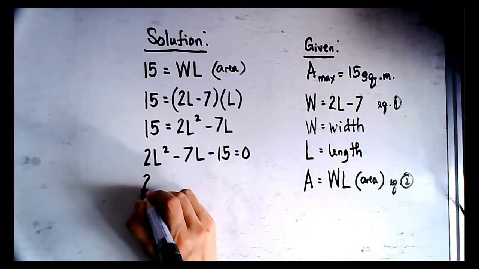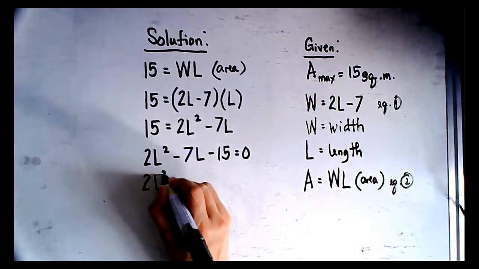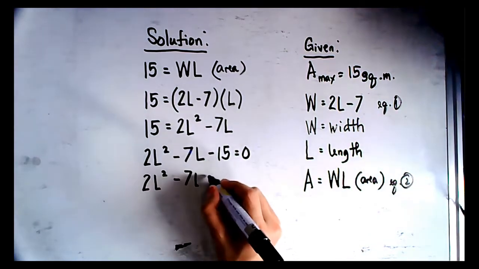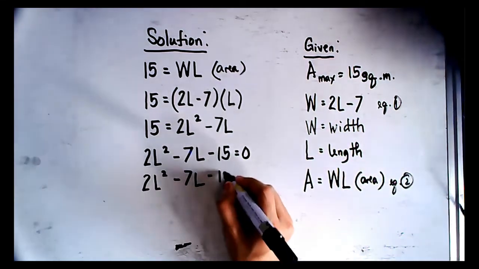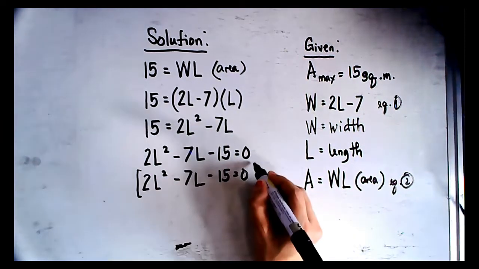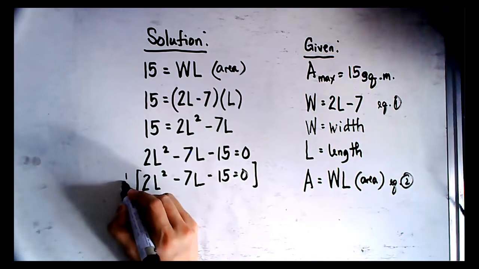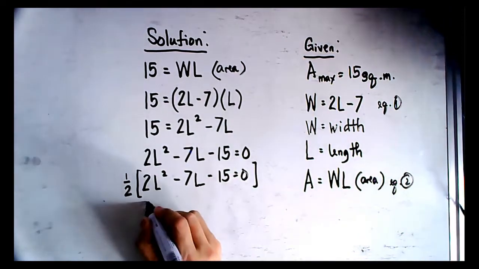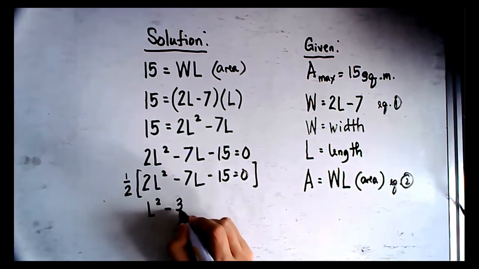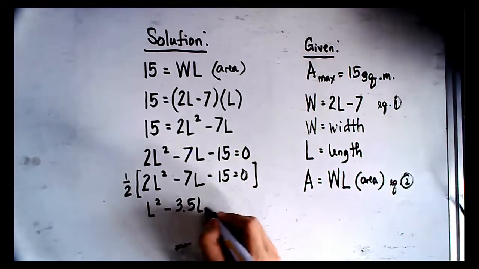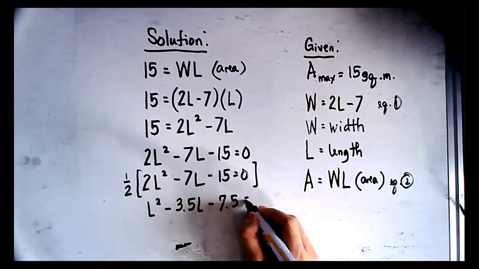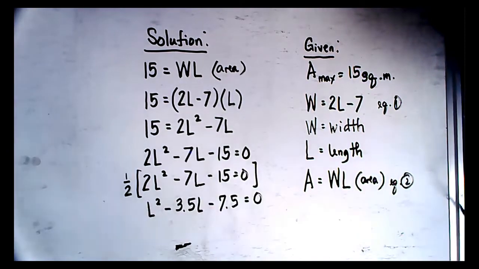Further operating the equation, you can divide both sides of the equation by 2. Then we will have L squared minus 3.5L minus 7.5 is equal to 0.